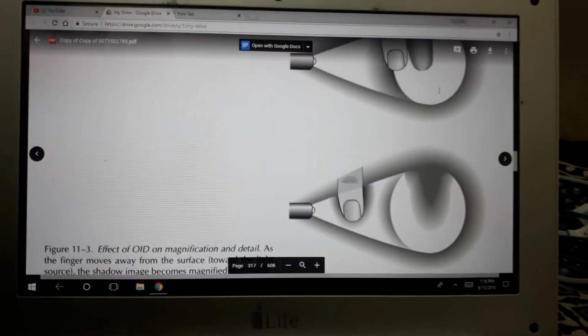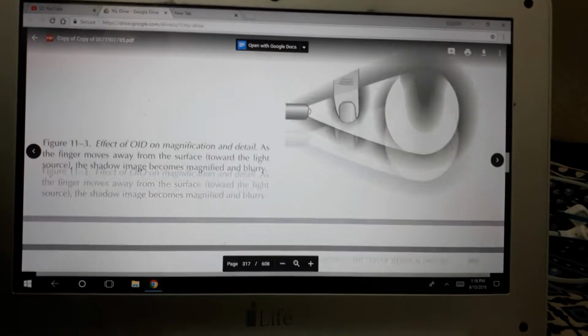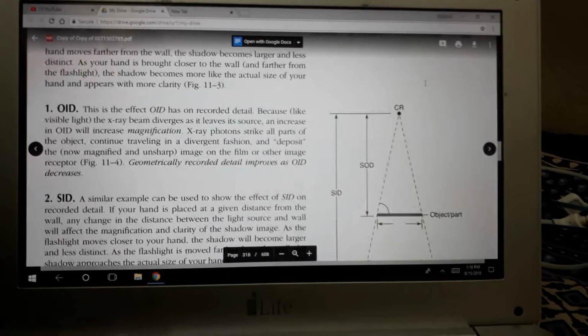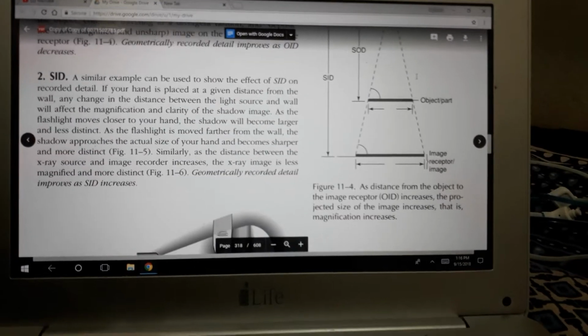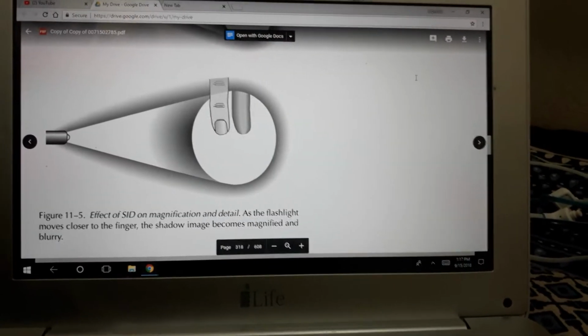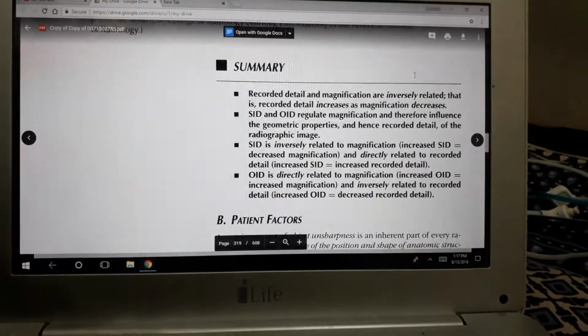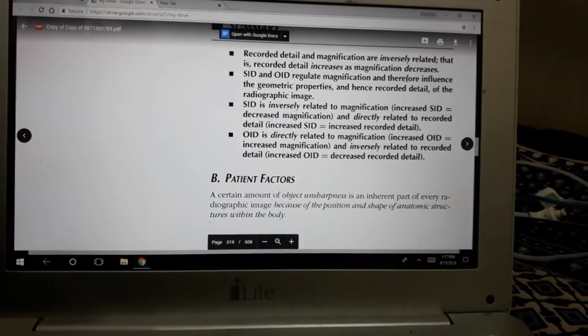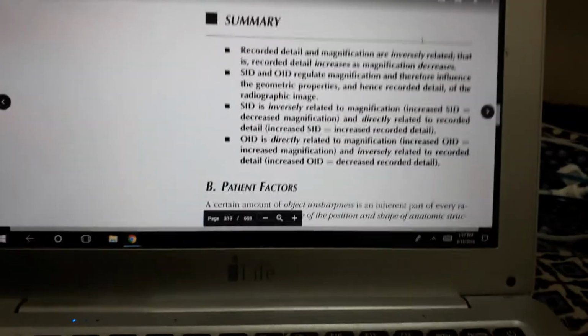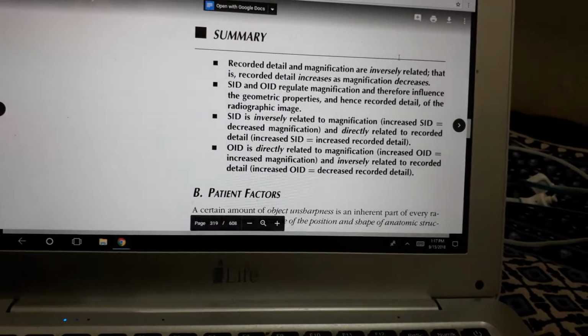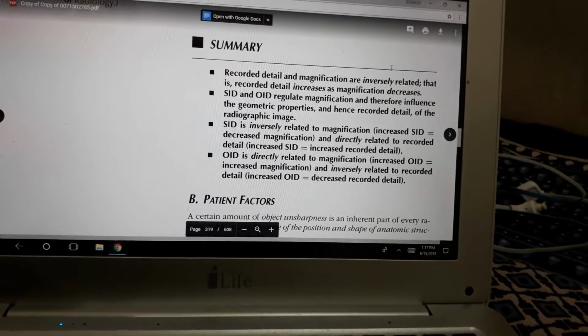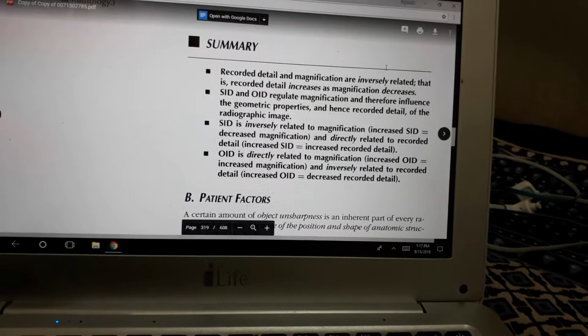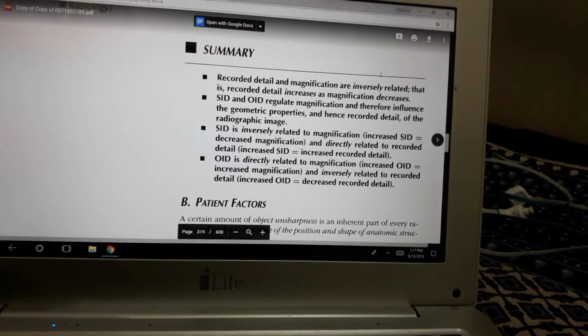Distance: OID, SID. Summary: record detail and magnification are inversely related, that is, record detail increases as magnification decreases.